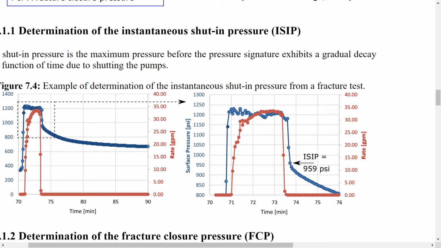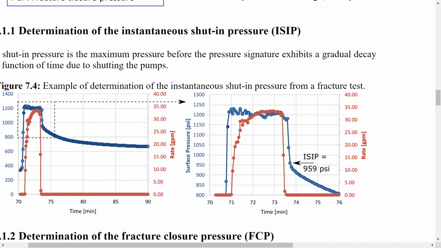It will be the first point in which the pressure exhibits a gradual decay in the data. This is sometimes a little bit subjective, okay? But once you replot your data, you will see a lot more easily which one is this instantaneous shut-in pressure.